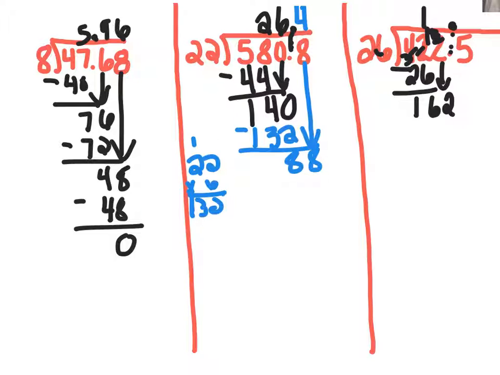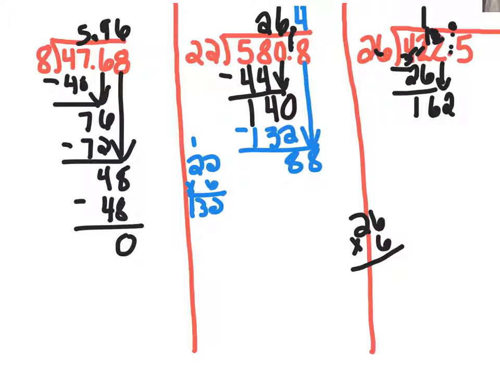And I know that 30 times 5 is going to be 150. And 30 times 6 is going to be 180, which would be too large. But I remind myself that this is actually 26 and not 30. So I try 26 times 6 kind of off to the side just to see what will happen.